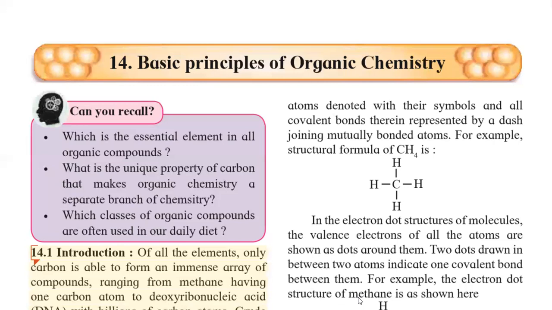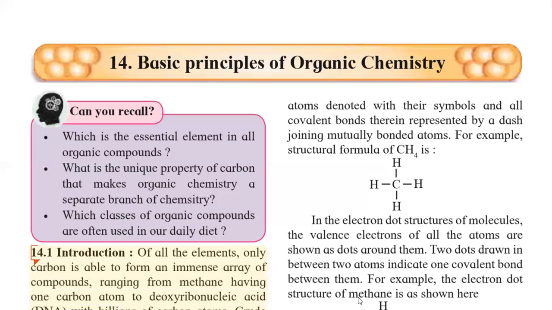Similarly, carbon can form branched chain compounds. This is the unique property of carbon that makes organic chemistry a separate branch of chemistry. That is the answer for question number 2 in the first box.